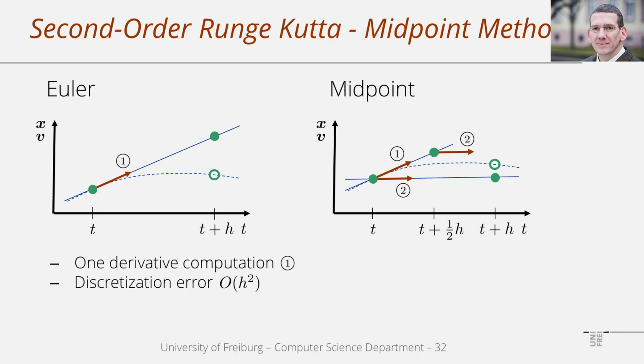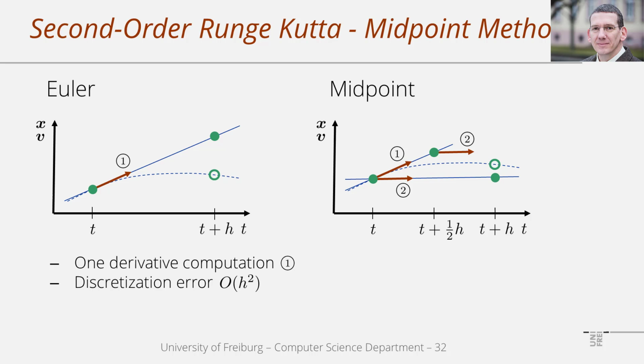Now on the right-hand side, we see the midpoint method illustrated in the same way. The functions that we see here are either positions or velocities over time, and the red arrows indicate derivatives, either velocities or accelerations. Now in the midpoint scheme, we start with a known function value at t and with a known derivative marked with 1.